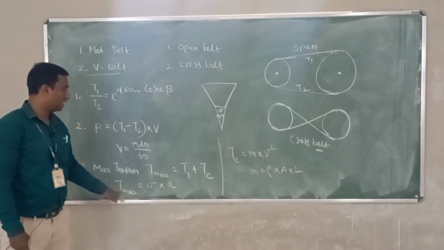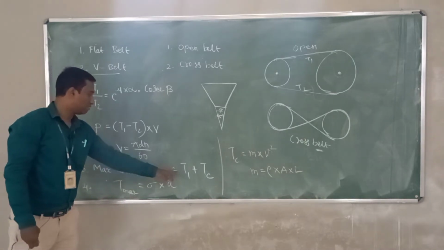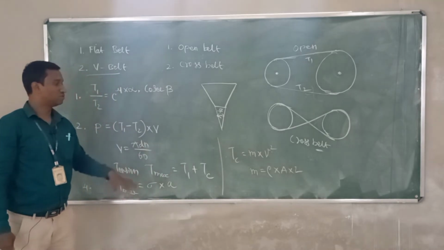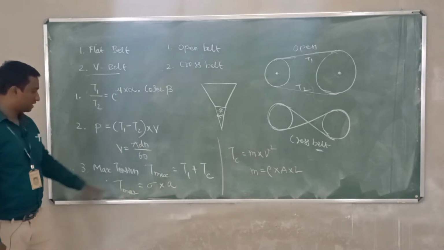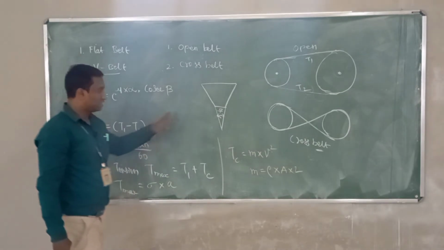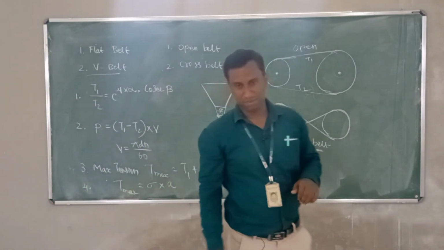This could be used when we don't have the data for rho into A into L. So these are applicable for the V belt.